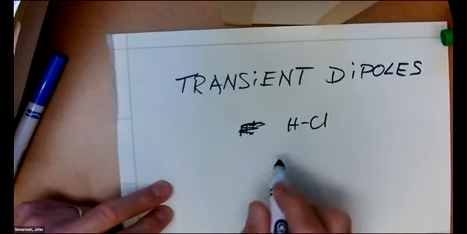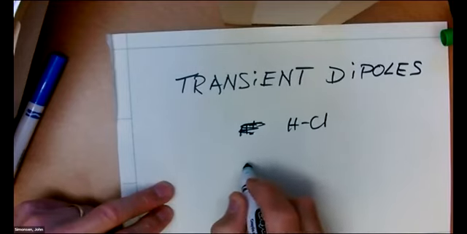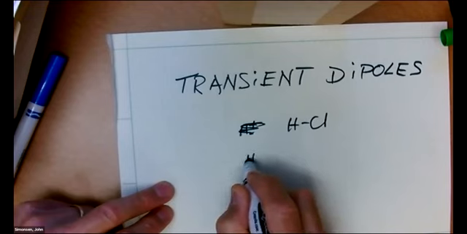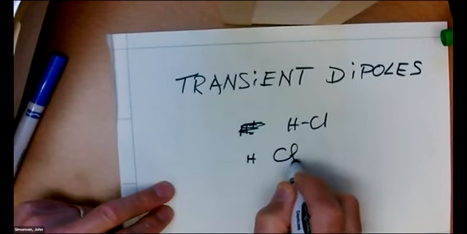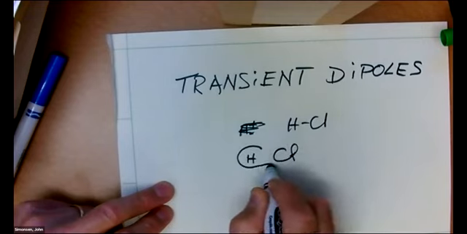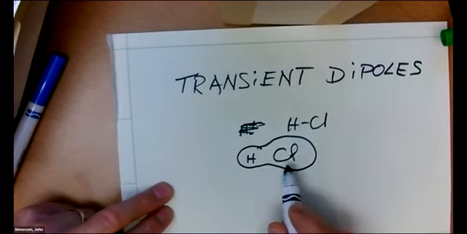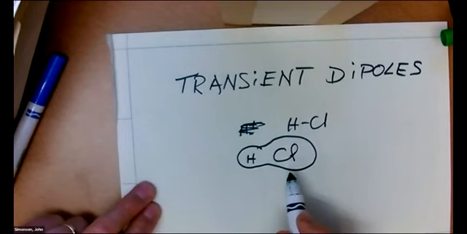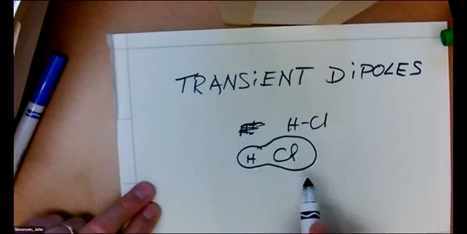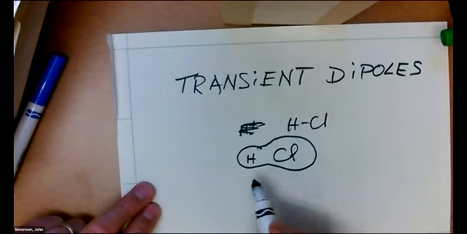Because of electronegativity, what's going to happen to the electron cloud is it's going to go like this. The chlorine is stronger and pulls electrons, it wants electrons. If you remember your chemistry, chlorine is 1 electron short of having a full shell and a more stable, lower energy environment.